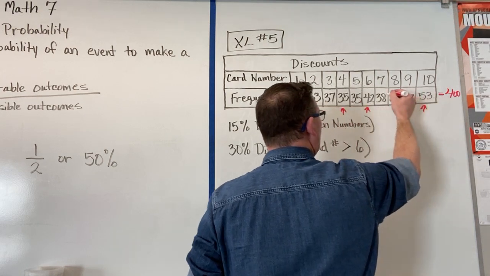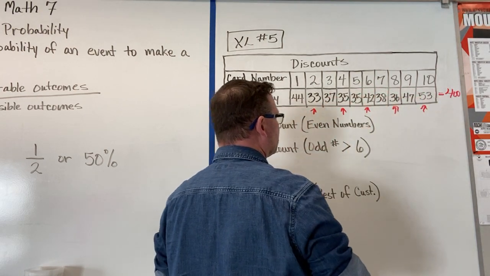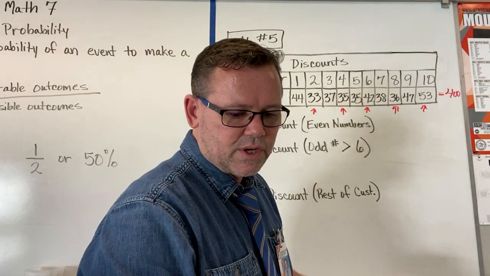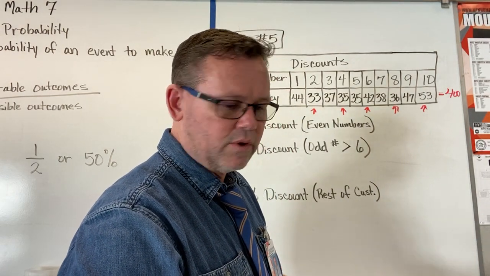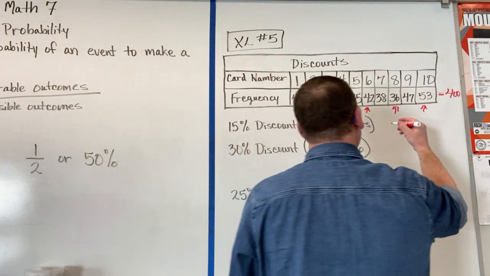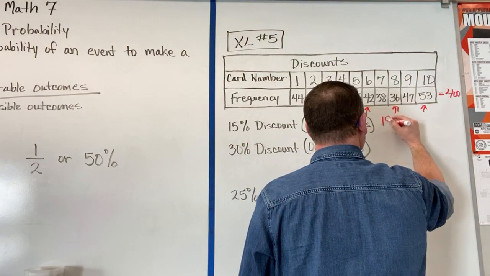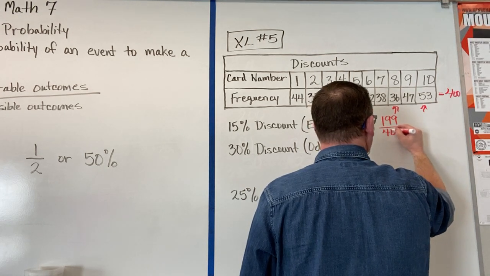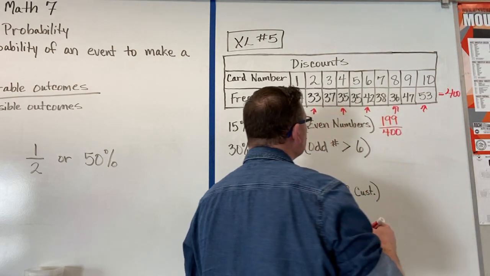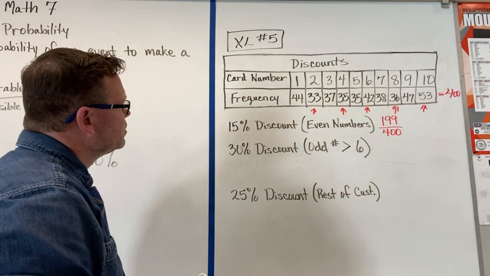So I added up all of these numbers, all 5 of those numbers. And what I found out was there was 199 of those cards given out. So the theoretical probability here is 199 over 400. Okay?